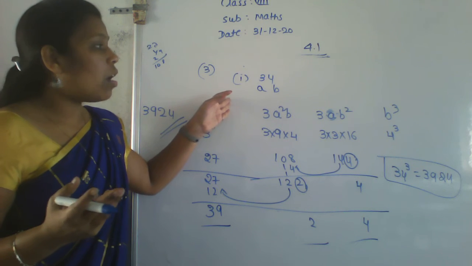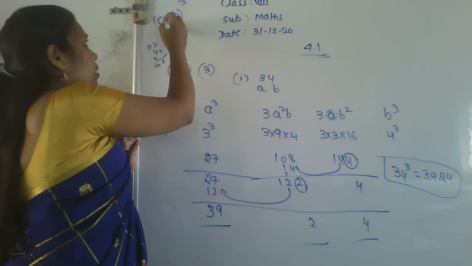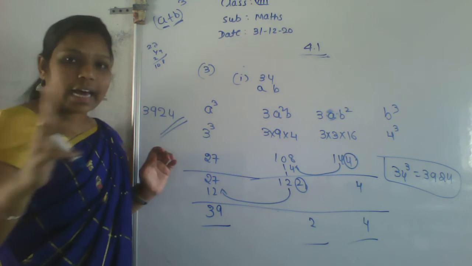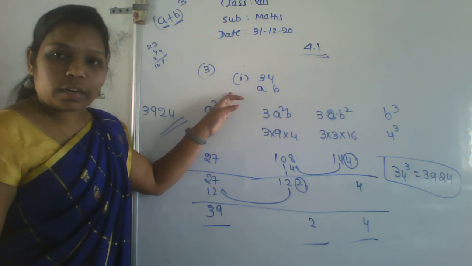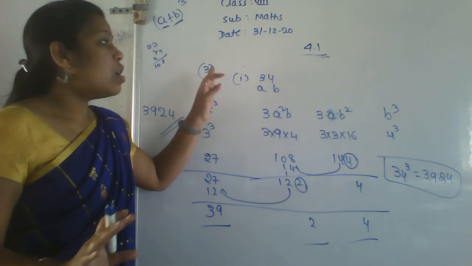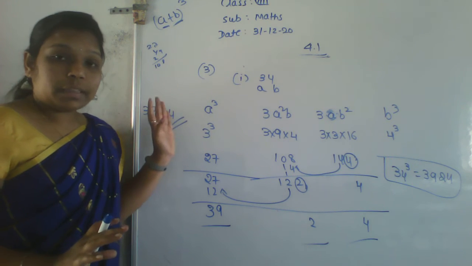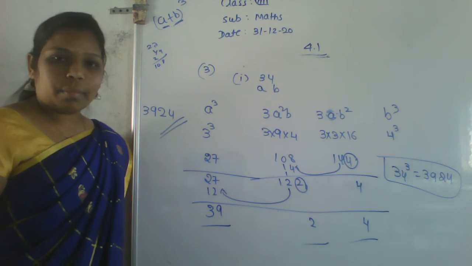Why? Because in the formula we are having a plus b whole cube, means only 2 values we are having. Right? For that reason, it is for only 2-digit numbers, not for 3-digit numbers. Okay? So using an alternate method, we found the cube of the given number.